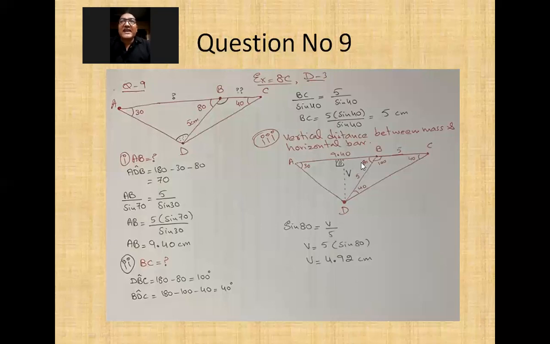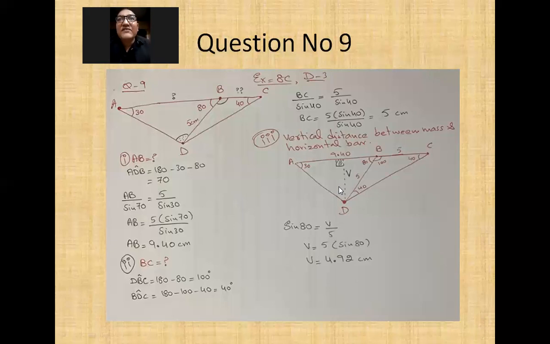So it's a right angle triangle. I know this angle. According to this angle, this will be my perpendicular. Some people call it the opposite side. So the opposite side or the perpendicular is the question. I know the hypotenuse, that's 5 centimeter, and I know the angle, that's 80. So I can use the simple sine. Sine theta equals perpendicular divided by hypotenuse.